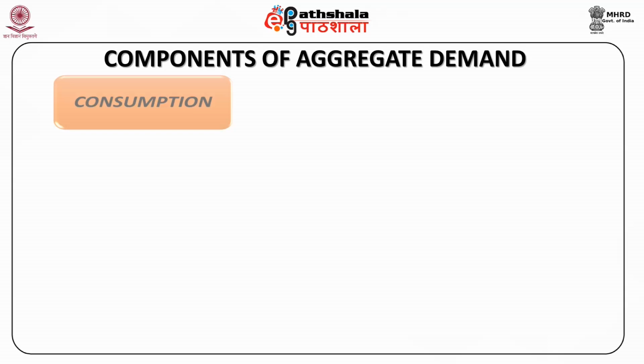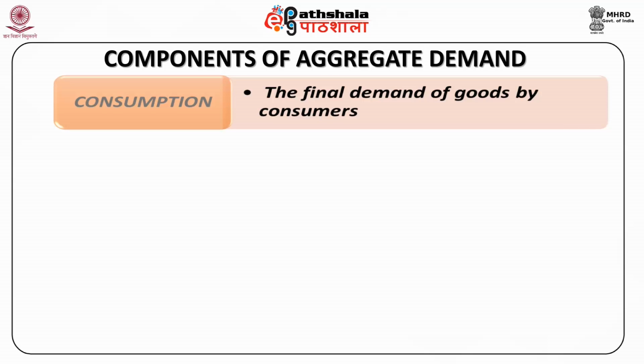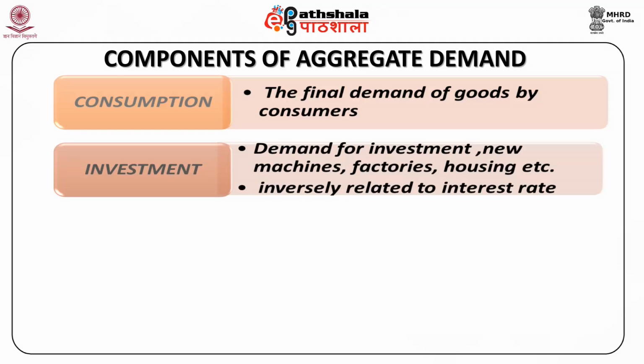Consumption, C. This includes the final demand of goods by the consumers. Investment, I. Investment demand function represents the demand for investment, new machines, factories, housing, etc. in an economy and is inversely related to the interest rates.